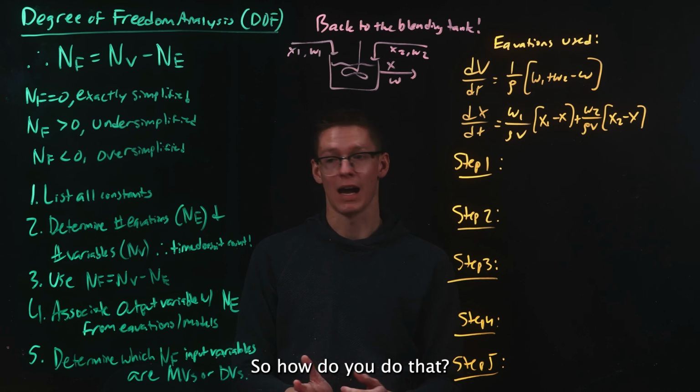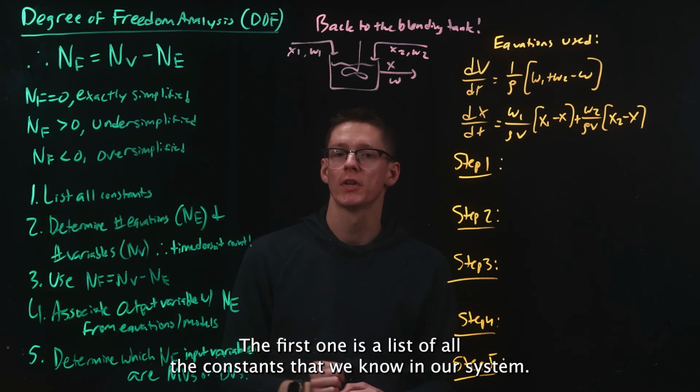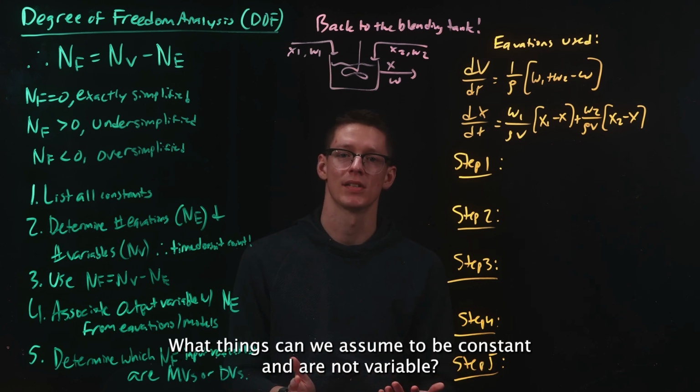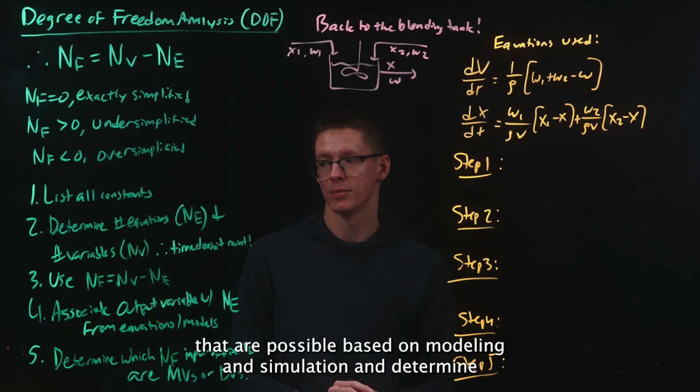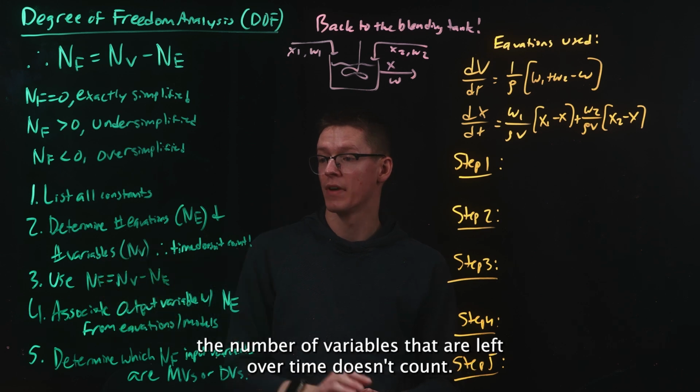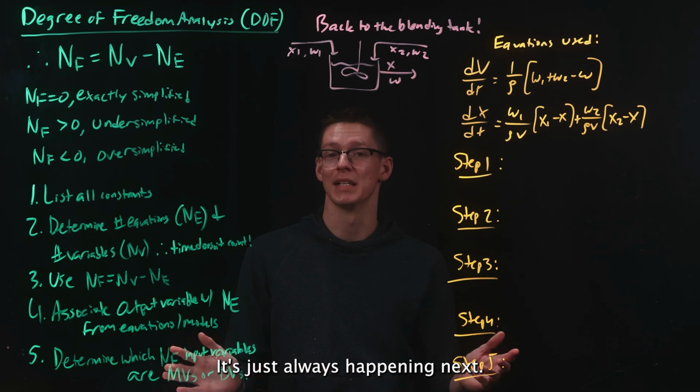So how do we do that? Well, there are 5 steps if you want to consider. The first one is to list off all of the constants that we know in our system. What things can we assume to be constant and are not variable? Next, we'll look at the number of equations that are possible based on modeling and simulation, and determine the number of variables that are left over. Time doesn't count. It is not a process variable. It's just always happening.